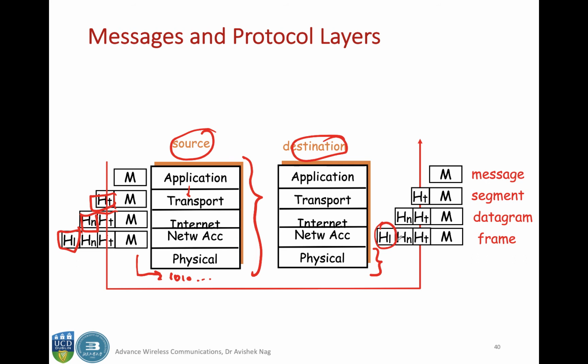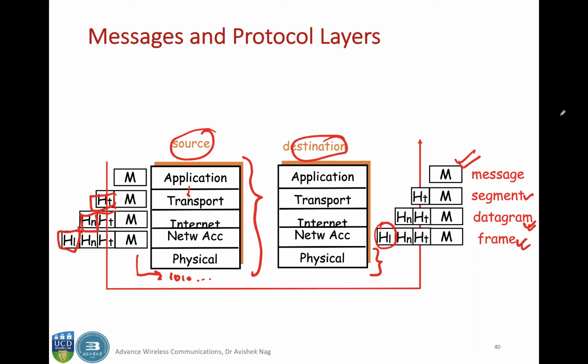And then you obtain the final message as it was sent. And at each layer, when you keep on adding the headers, the message is known by a different name. So in the transport layer it's called a segment, in the internet layer it's called a datagram, in the network access layer it's called a frame, and so on.